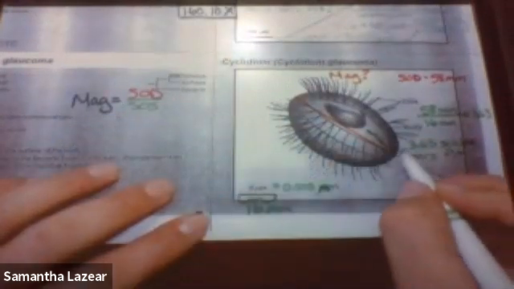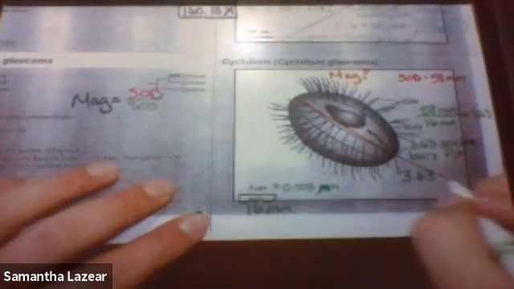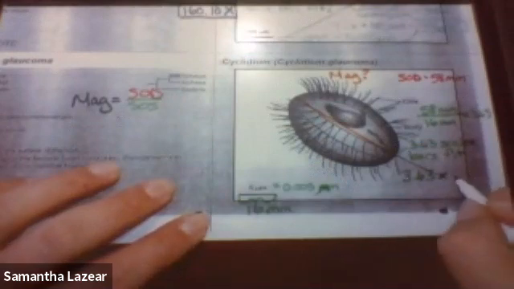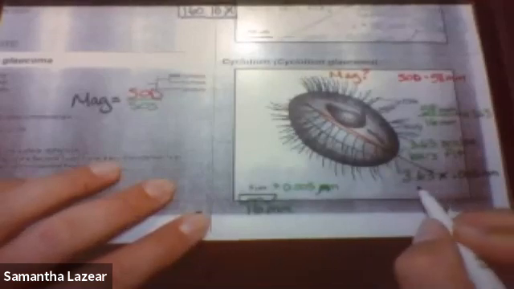Multiply. So we take this number, 3.63 scale bars, and if we're going to work in millimeters, we need to multiply by 0.005 millimeters. All right, so what is that number? 0.018.